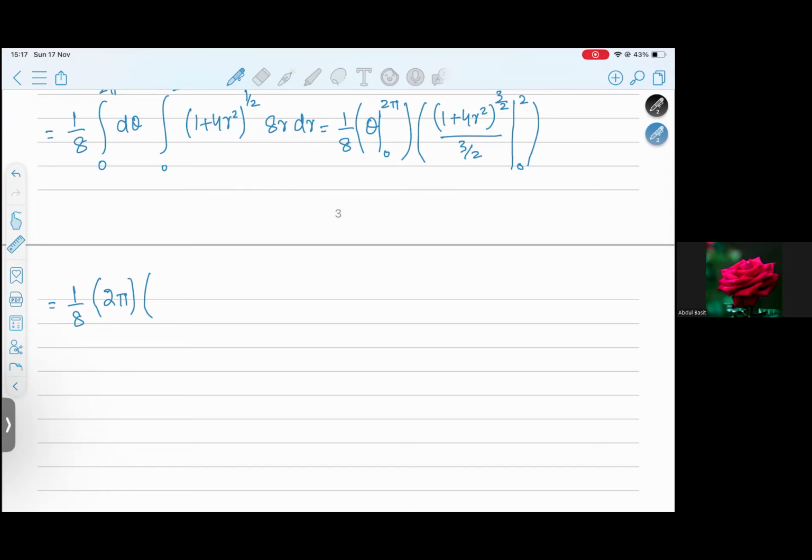And if I plug in r is equal to 2, I'm getting 1 plus 4 times 2 times 2 is 4, 4 times 4, divided by 3/2, minus, if I plug in r is equal to 0, I'm getting 1 plus 0 divided by 3/2, which evaluates to this. 2 and this 8 will cancel out, making it pi/4 times 4 times 4 is 16, 16 plus 1 is 17 to the 3/2 minus 1 to the 3/2.